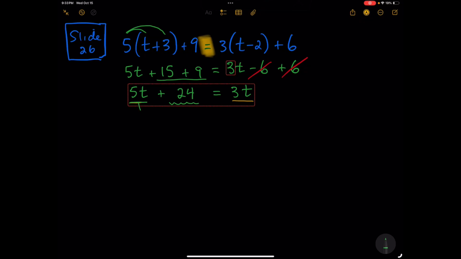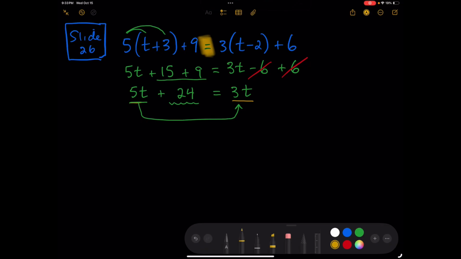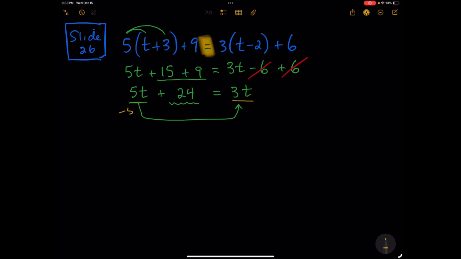Let's move the 5t over to the right hand side, and the way we would do that is using the inverse of 5t, which would be minus 5t. Okay, and when we do that to both sides of the equation, we are able to move things around. So I'm down to 24 equals 3t minus 5t. So that'd be negative 2t.